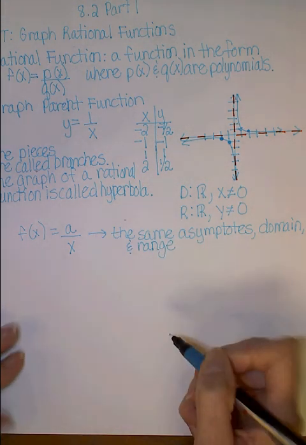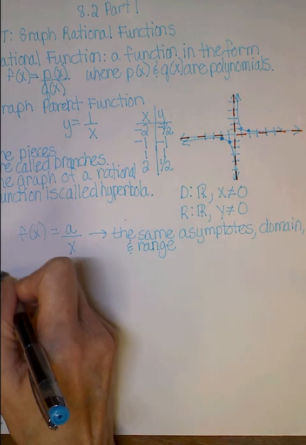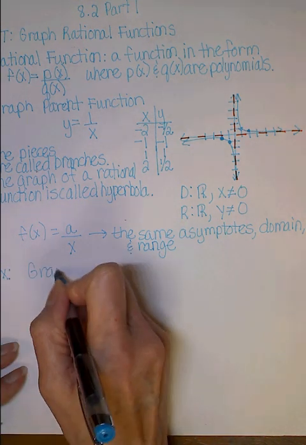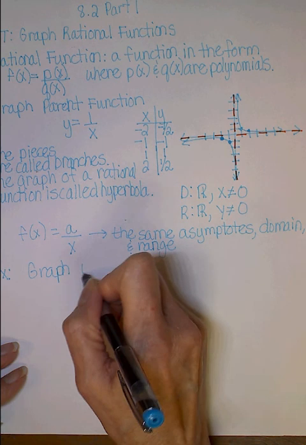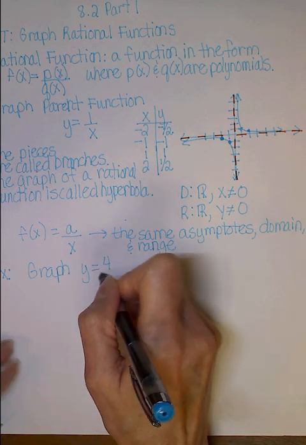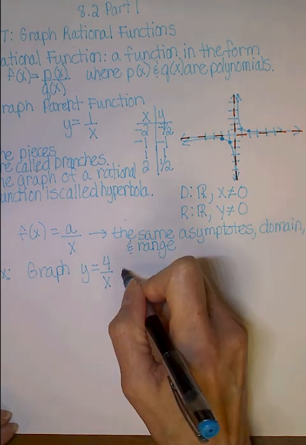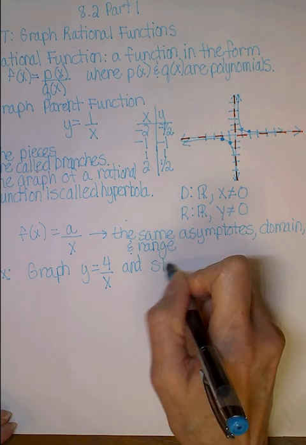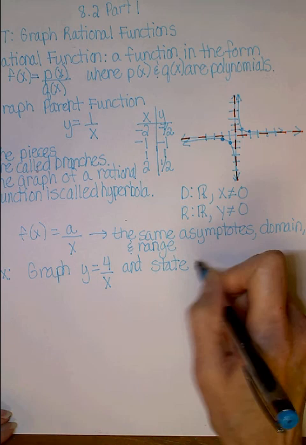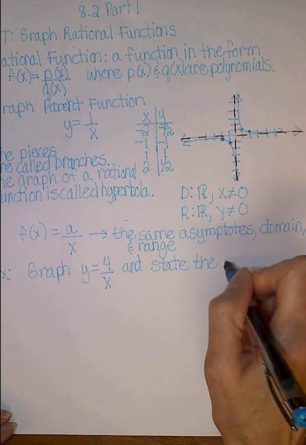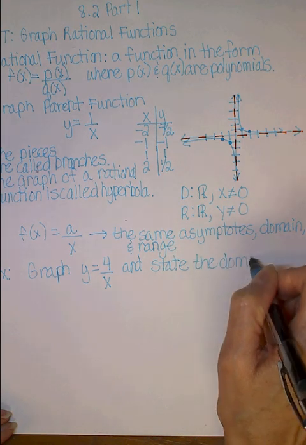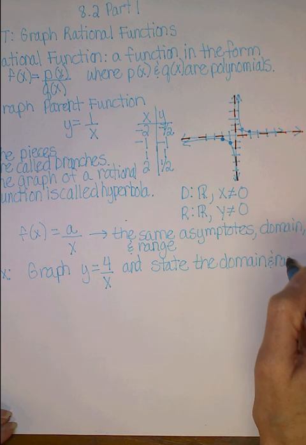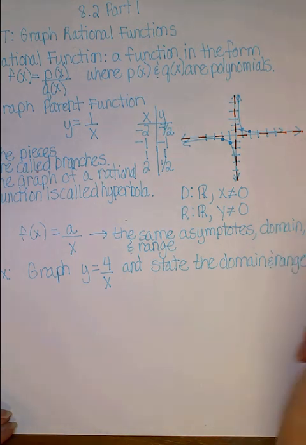Okay, so let's look at another example of one that looks like this. They want me to graph y equals 4 over x and state the domain and range. Okay, so you'll notice that it looks very similar.